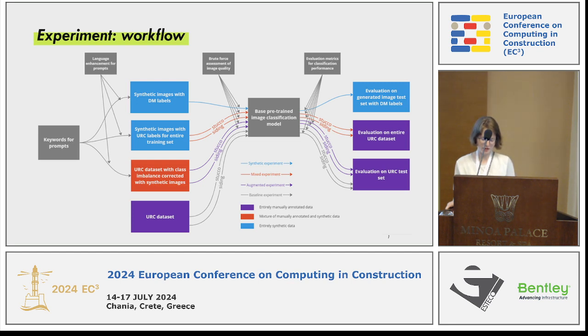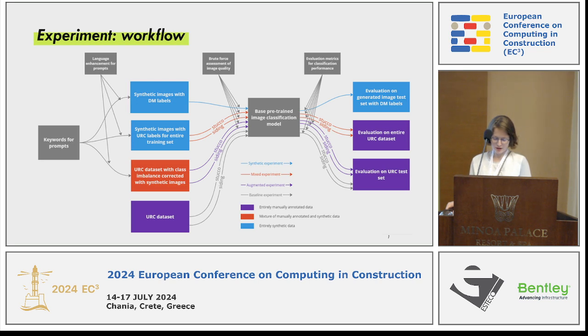And the synthetic experiment was trained and evaluated on entirely synthetic data using labels that didn't exist in the URC dataset. The sub-experiments isolated the experiment to 3 classes, which were other, null, and the label of interest. And isolating it to the sub-experiments allowed us to reduce the parameter space, which allowed for a higher resolution model.